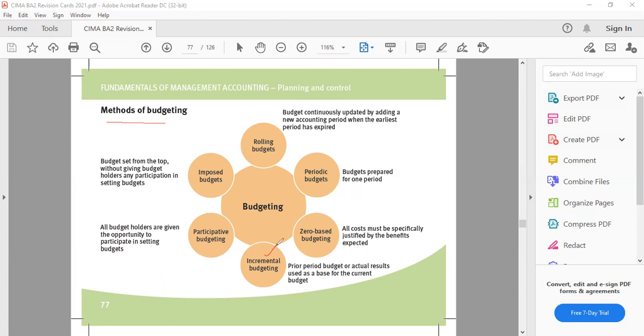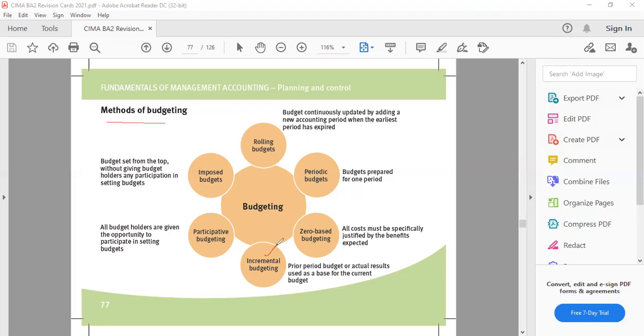See how a budget is prepared. The past budget is taken as the base. If in the last period there was a budget which was already prepared, take that budget and apply it for the next period as well. So the past budgets become the base for the future budgets.